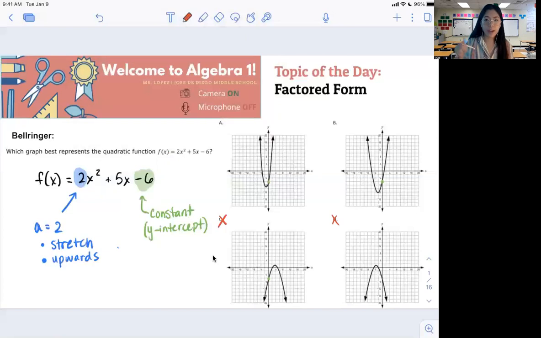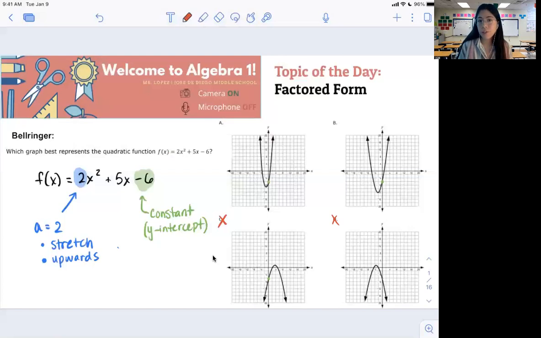Between A and B, those are the only ones that match the equation. Both of those are upwards, both of those are passing through -6. But now it's a little bit hard to tell between the two of them.